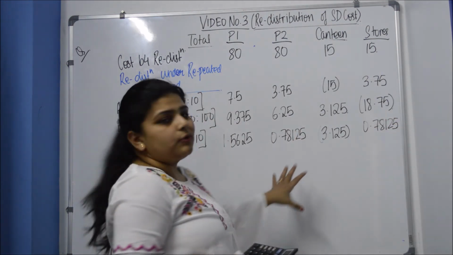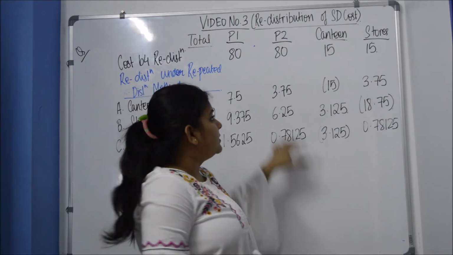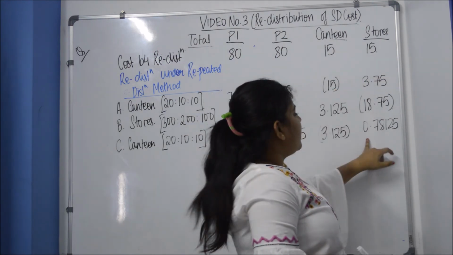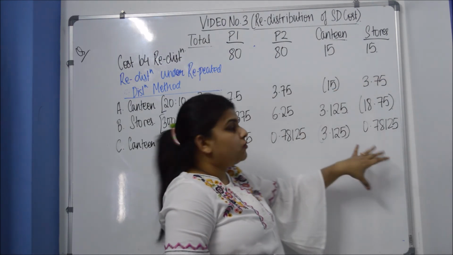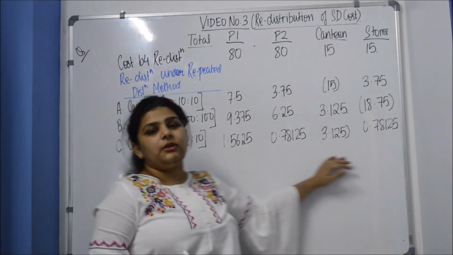Now you have to analyze the materiality of the numbers. The number we have started with is 15 and we have reached something below 1. So what we do is we give this cost directly to P1 and P2 and close the matter.